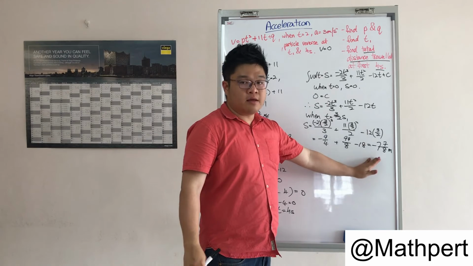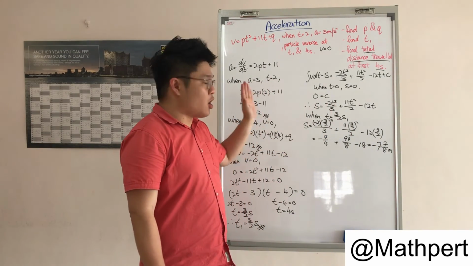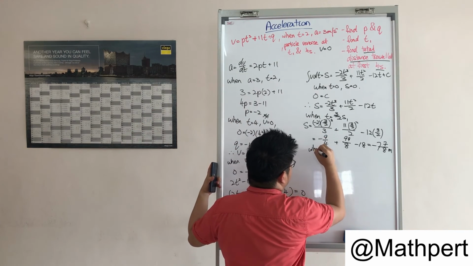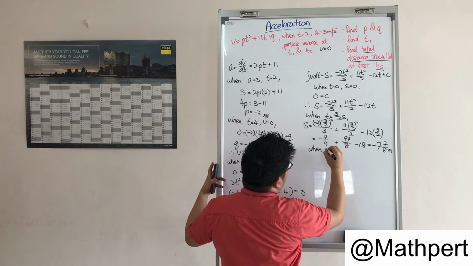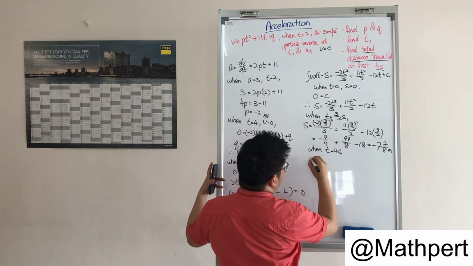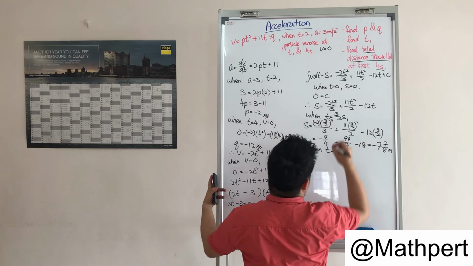The negative meaning the particle is at the left hand side of the origin. Alright? So when t equals 4 second, s will be, substitute 4 into t.